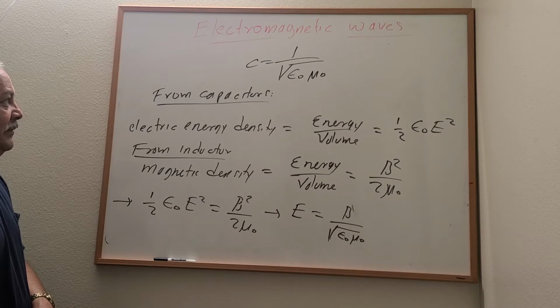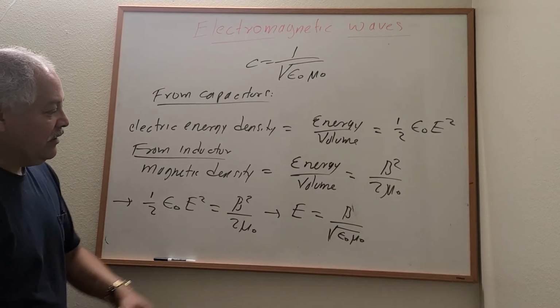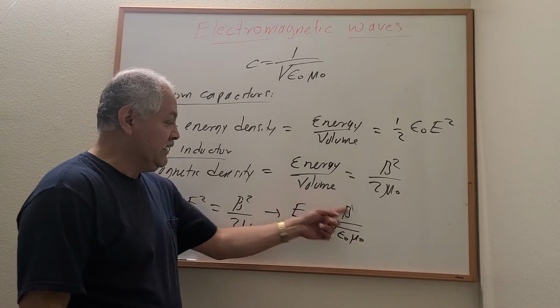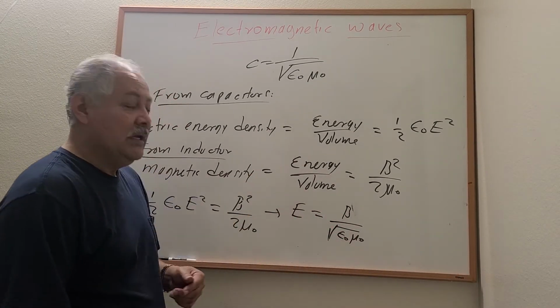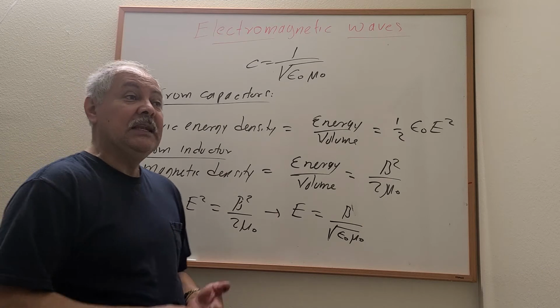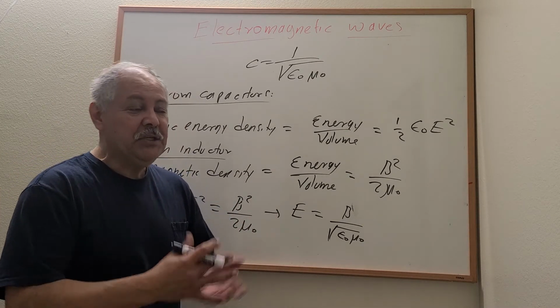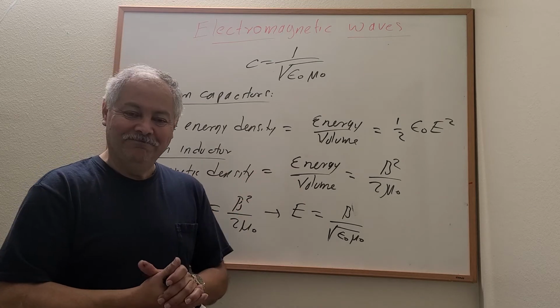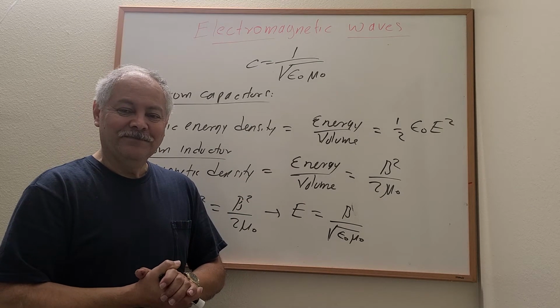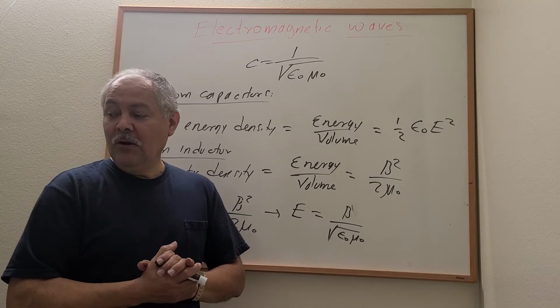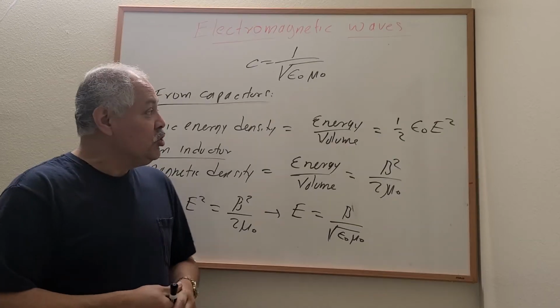Correct? And because it comes from these formulas, the conclusion is that light is an electromagnetic radiation. It's part of the electromagnetic spectrum. Got it?